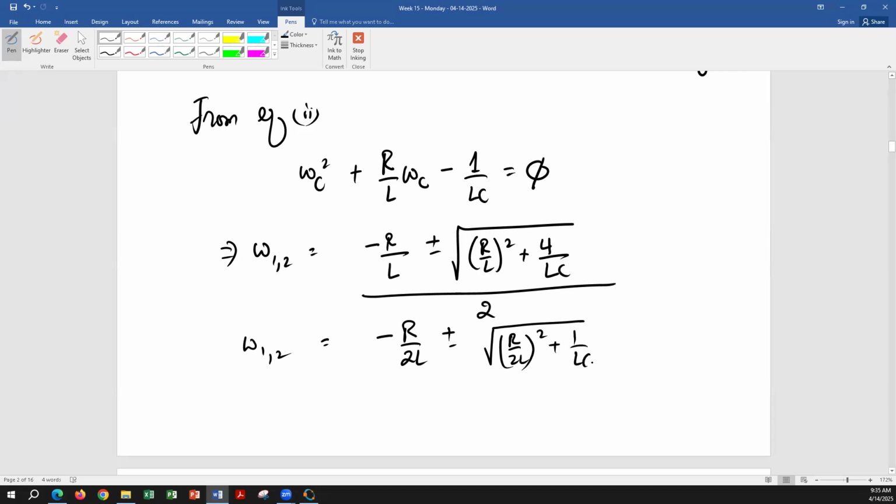So now we have again two roots, and which one are we going to choose? The one that is going to give us, of course, positive frequency. And that is going to be negative R over 2L plus square root of R over 2L square plus 1 over LC, because if we have both negative signs, of course, the frequency is going to be negative. So here we're going to get our lower cutoff frequency.